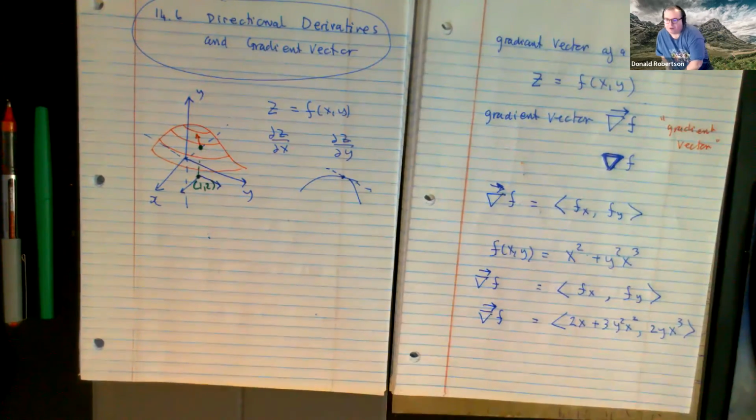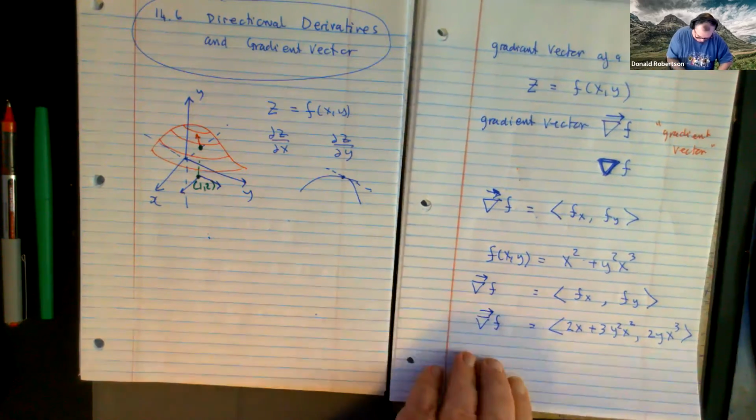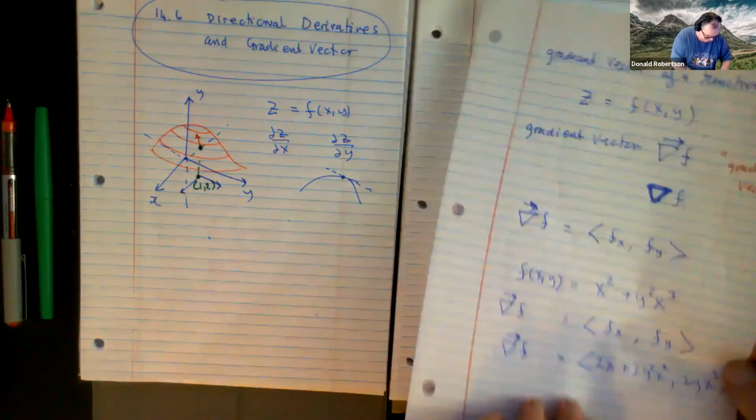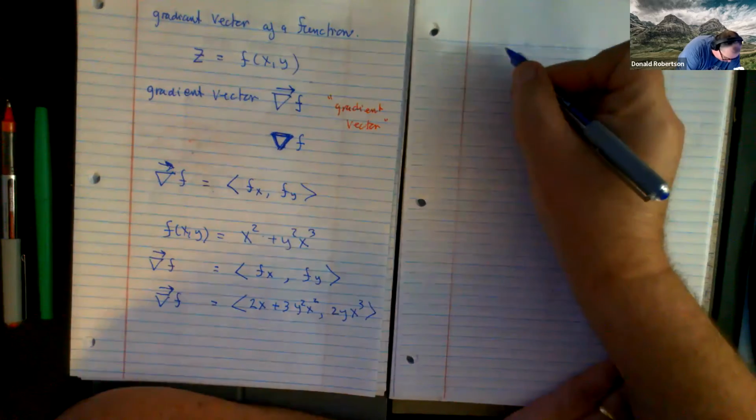Are you comfortable about how you find a gradient vector? Would you agree it's just two partial derivatives, one for x, one for y? No biggie, right? As long as you know how to do partial derivatives, you can always get a gradient. How about a function like this one?